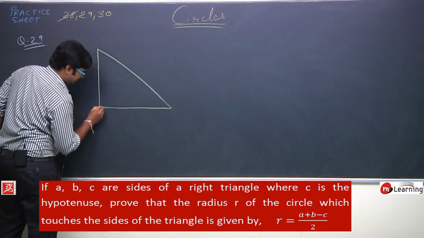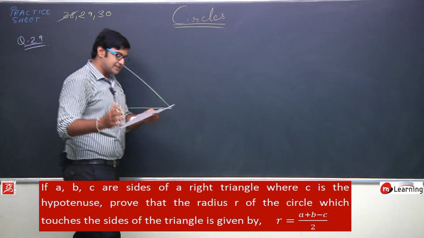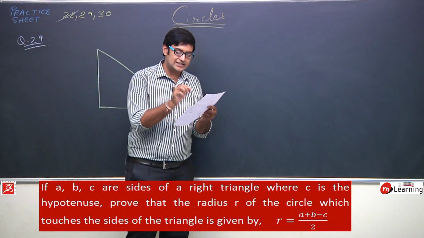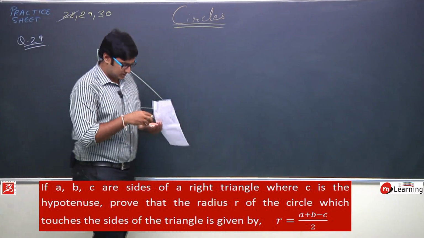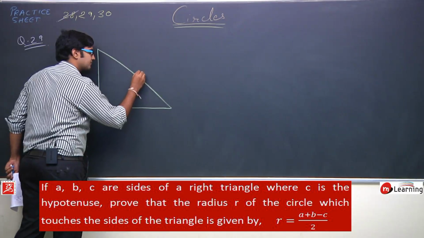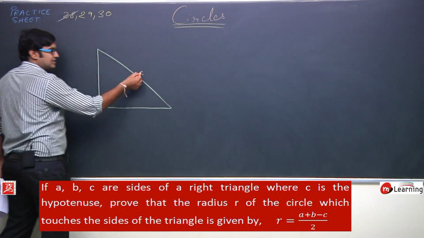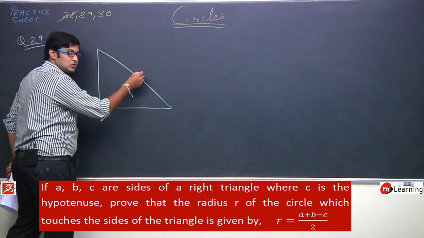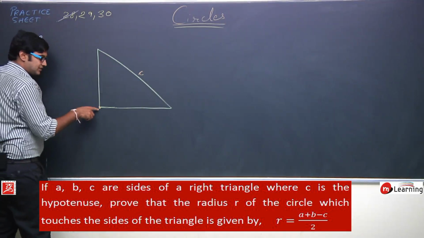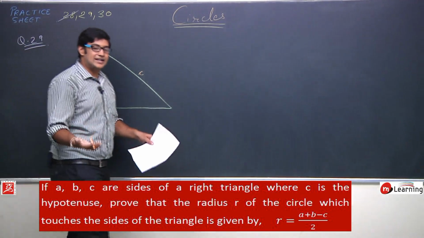There is a right triangle, and in this right triangle a, b and c are the sides of this triangle, and there is a condition given that c is the hypotenuse. So it means this side is c. Now this side is c, so this vertex I will say is capital C. Because this is how it is in a triangle.